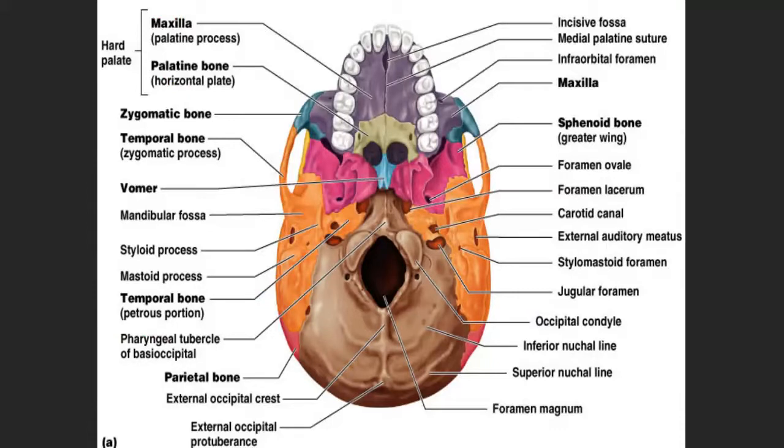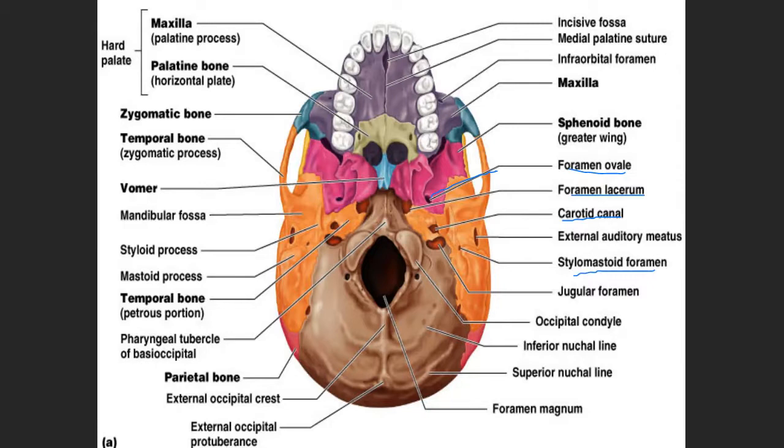Now these are the things you have to remember, you have to learn by heart everything. Here the foramen ovale, foramen lacerum, and then the carotid canal, and then the styloid foramen. I told you where the styloid foramen is.